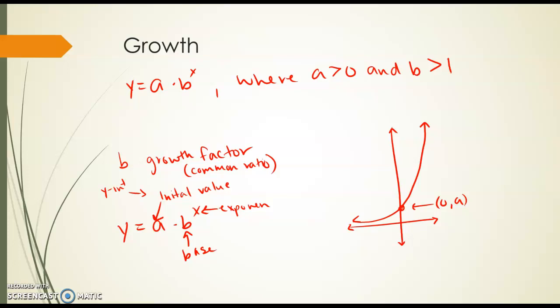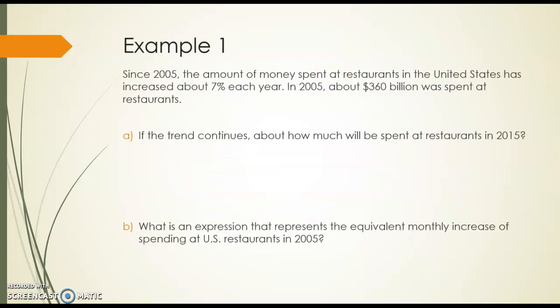And so we had a point 0, 3. All right, so that's information about growth. And again, b is greater than 1, meaning any number greater than 1. If it's a fraction greater than 1, it's still growth.